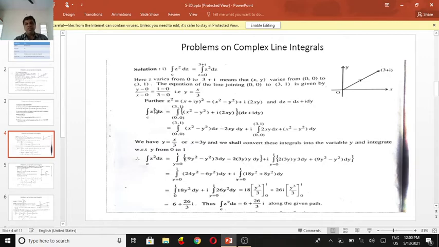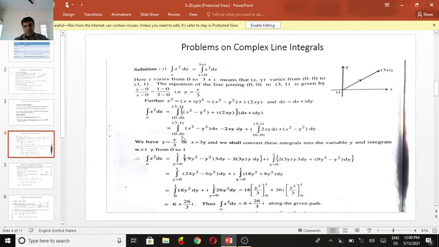Substituting into the integral of z squared dz, it varies from (0,0) to (3,1) of (x squared minus y squared + i 2xy)(dx + i dy). Now I want to separate the real and imaginary terms.